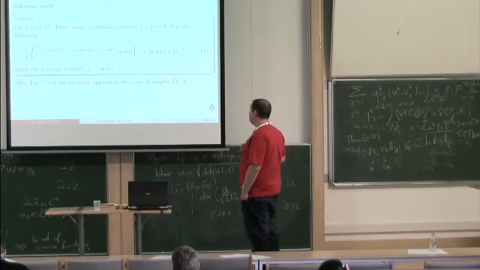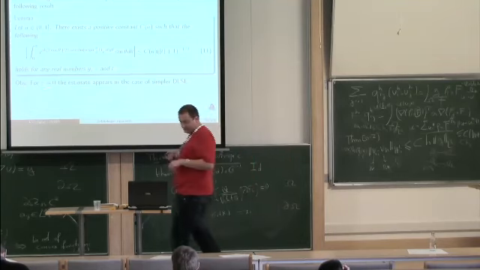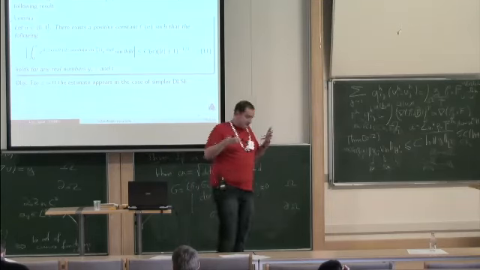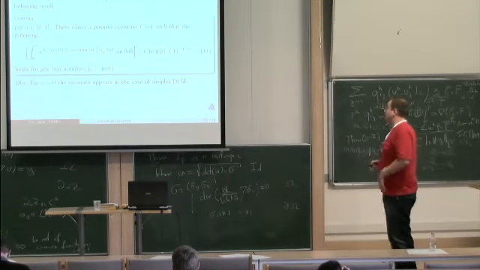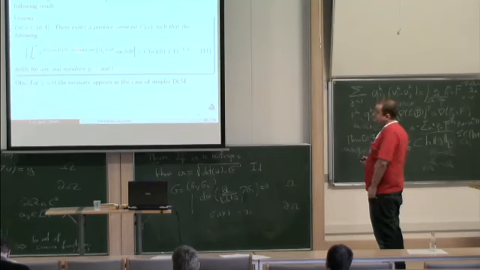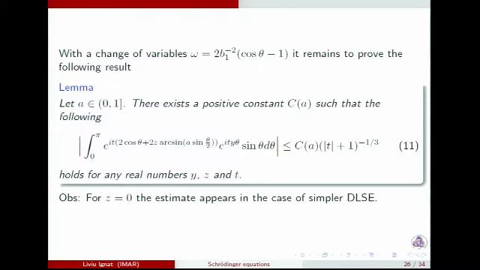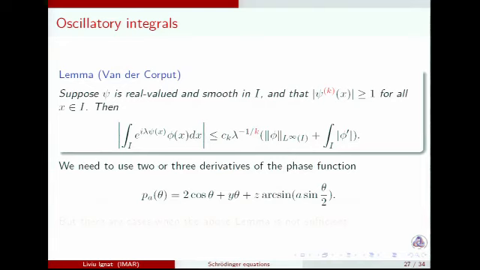Now, for z equal to 0, these terms disappear, and it is exactly the term that appears in the simplest case when B1 and B2 are equal to 1. But here, we have to work a lot.